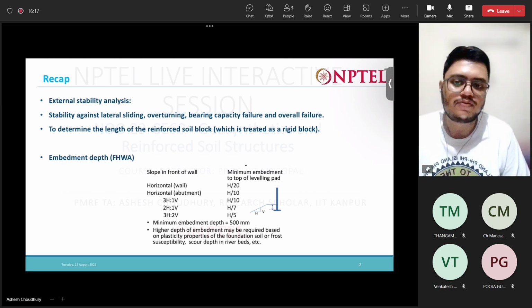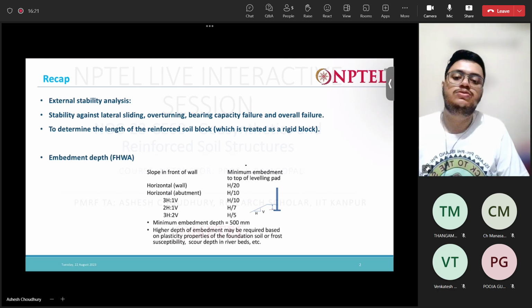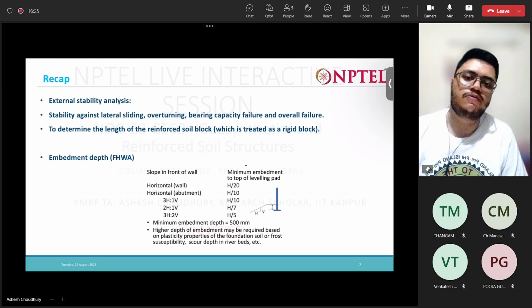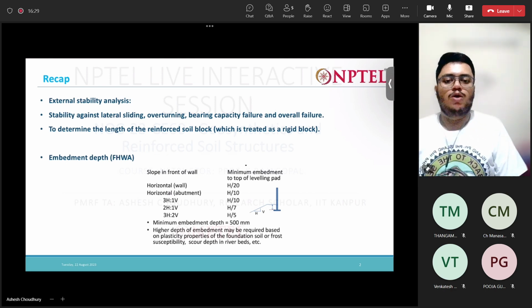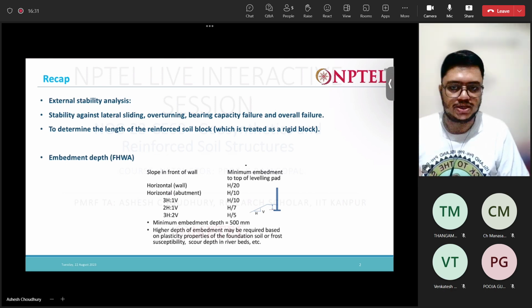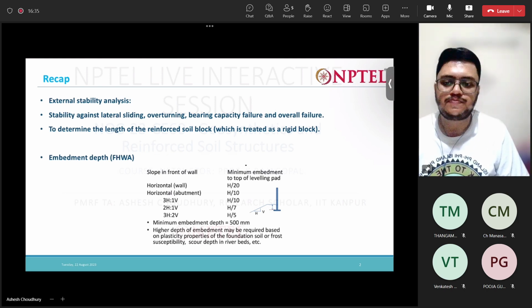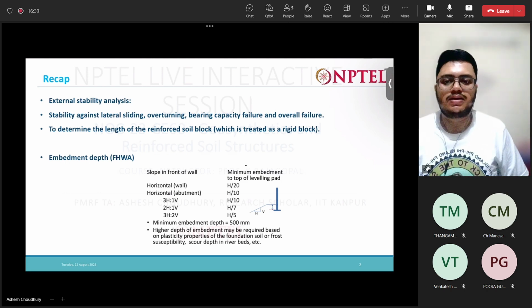The other horizontal force is due to the crash barrier. Say you have a pavement constructed over the reinforced soil wall, so a horizontal force might come when a vehicle collides with the crash barrier. So these are the horizontal forces that might come.